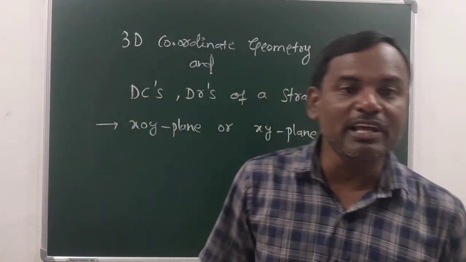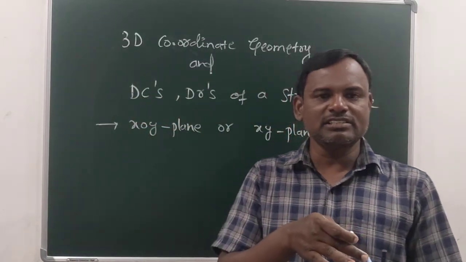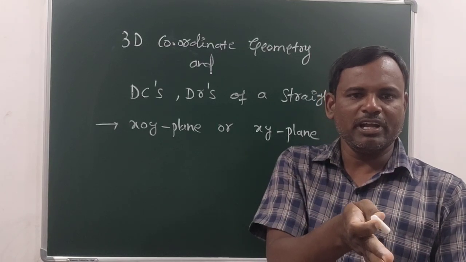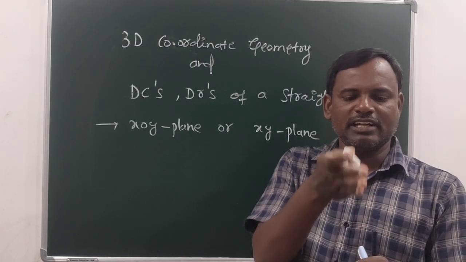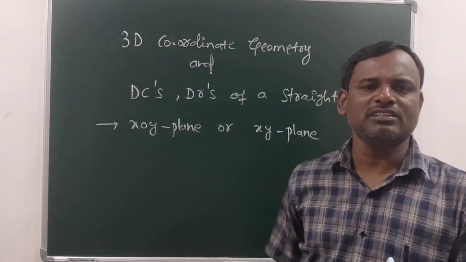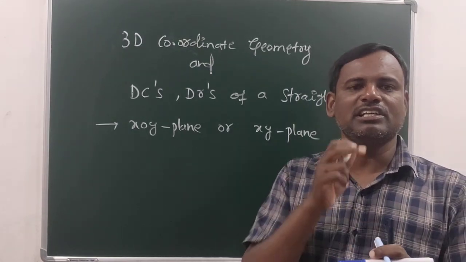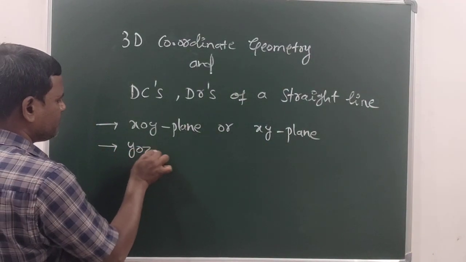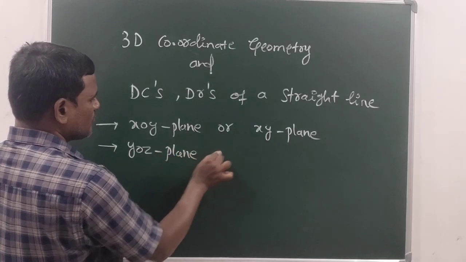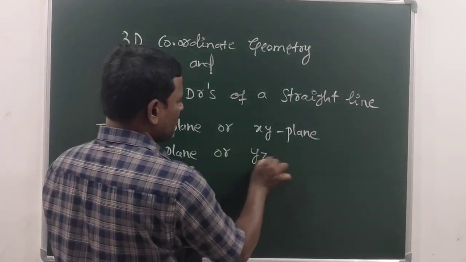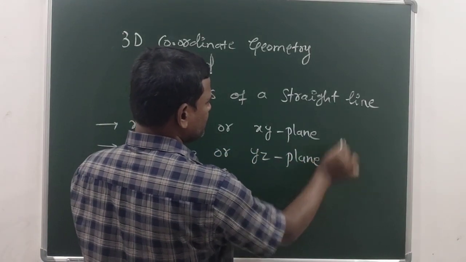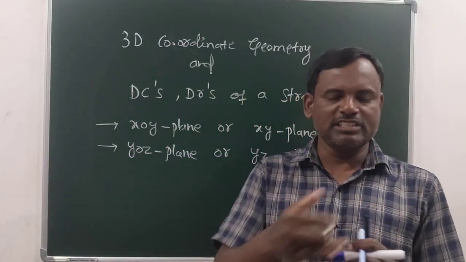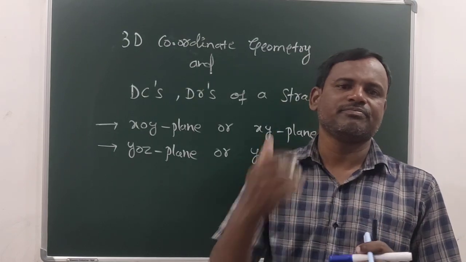Similarly, send a plane through the y-axis and z-axis like this. The plane which passes through the y-axis and z-axis is known as the YOZ plane, because the origin is also part of that. YOZ plane, or you can say it as the YZ plane. Similarly, send a plane through the x-axis and z-axis like this.